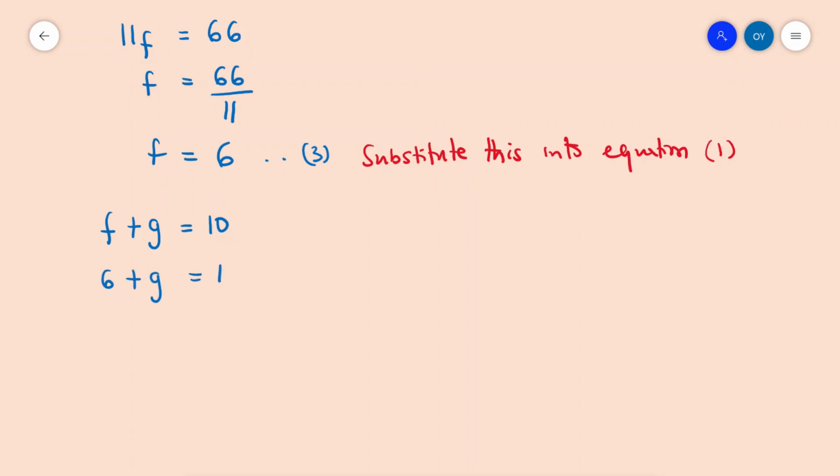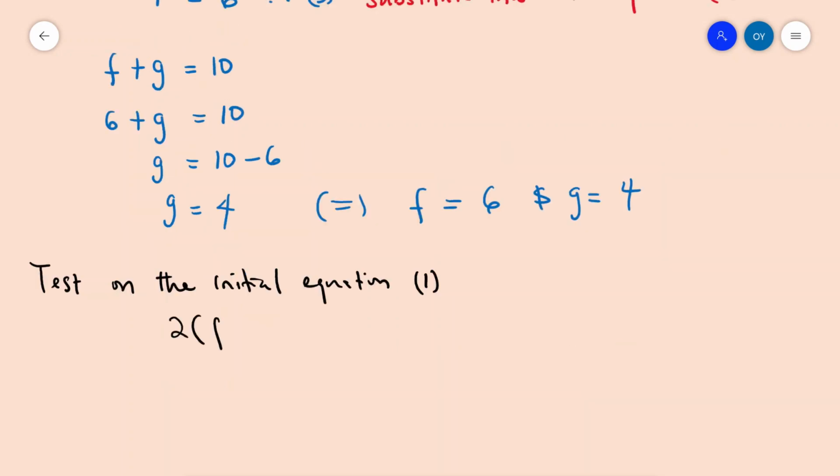Here I substituted into equation 1, which is f plus g equals 10. So substitute the value of f. We have 6 plus g equals 10, and here g becomes 10 minus 6, and g is 4. Now we have f equals 6 and g equals 4.